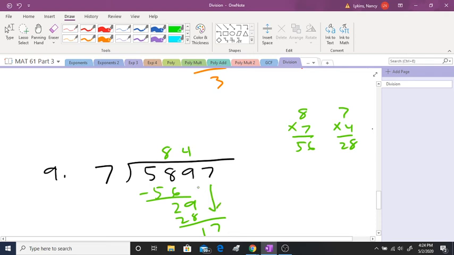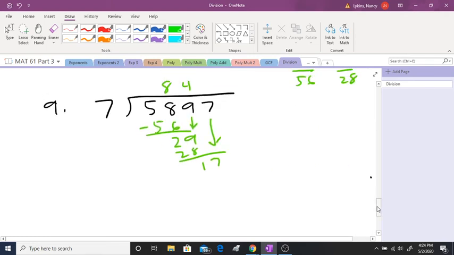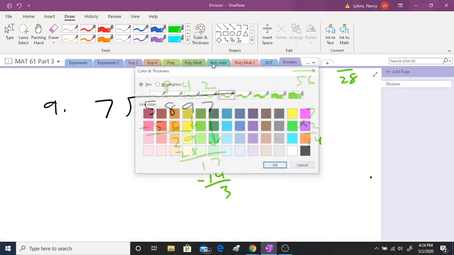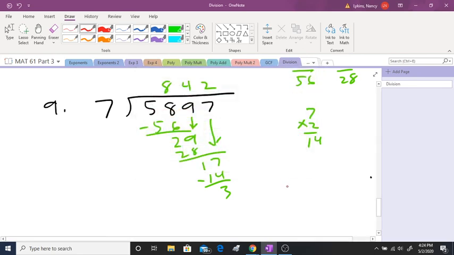Then 17, because I'm bringing down the 7. And then finally, 7 times 2 is 14. Subtract my 14, I get a 3. So my answer is 842 remainder of 3.